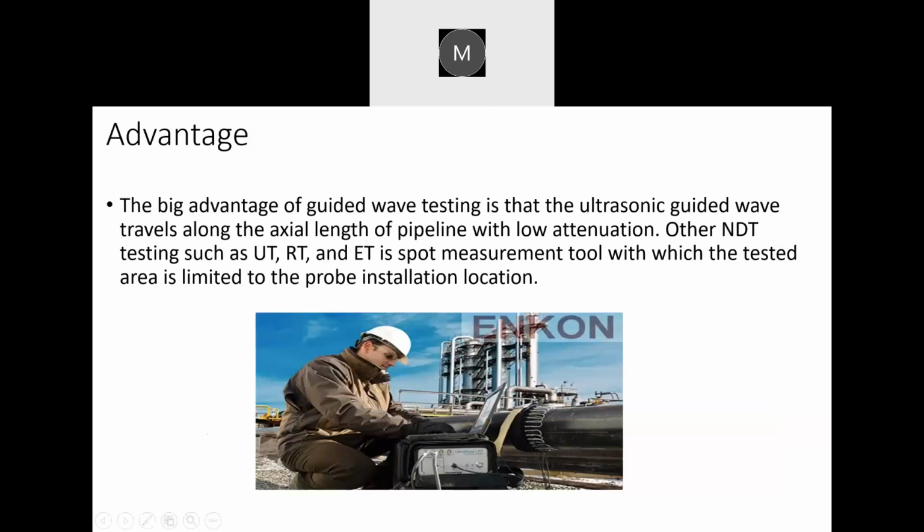Okay. The next part is about advantages. The big advantage of guided wave testing is that the ultrasonic guided wave travels along the axial length of the pipeline with low attenuation. Other NDT methods such as ultrasonic, RT and ET are spot measurement tools, with which the test area is limited to the probe installation location.